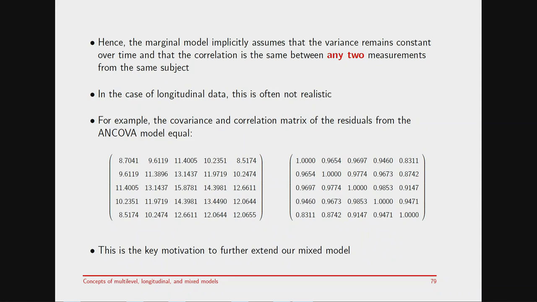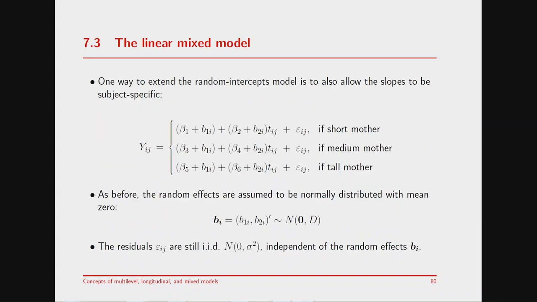And also the correlation: two observations close to each other show a correlation of 0.96. If you have like 4 years apart, the correlation is only 0.83. So it shows that probably the model we used was not realistic for the data set at hand. So how to solve that? Well, we will allow different subjects to have their own slope.